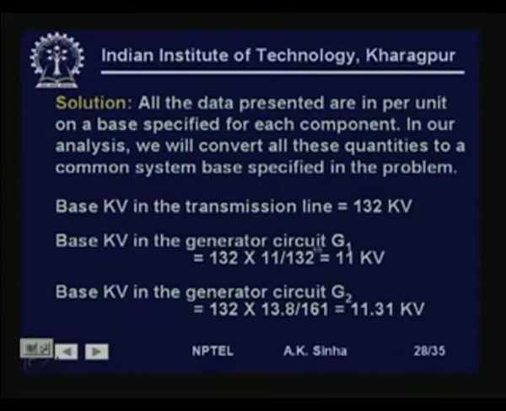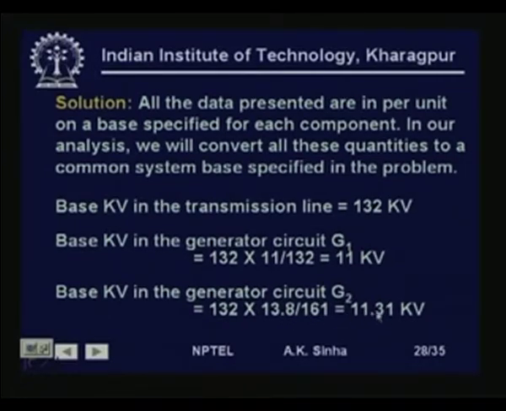Base kV in the generator circuit G1 will be 132 into 11 by 132, which is the voltage transformation ratio for the transformer. So, it will be 11 kV on the generator side. Similarly, base kV in the generator circuit G2 is going to be 132 into 13.8 divided by 161.